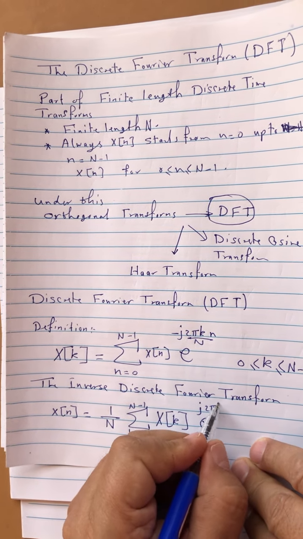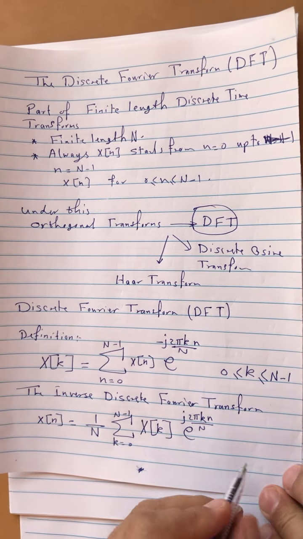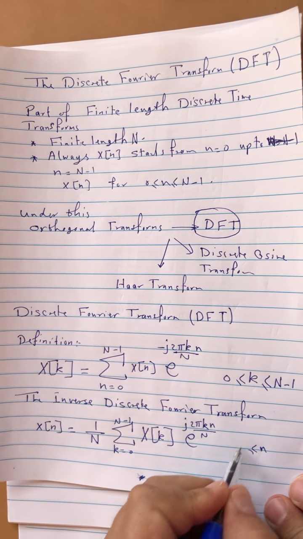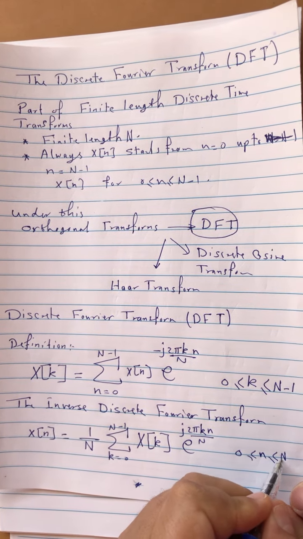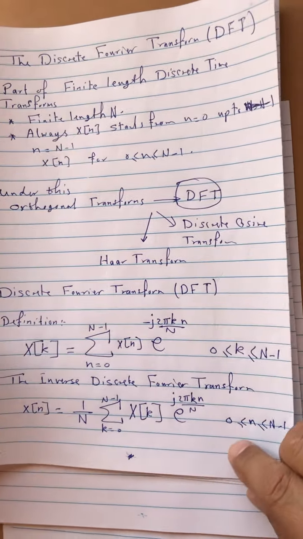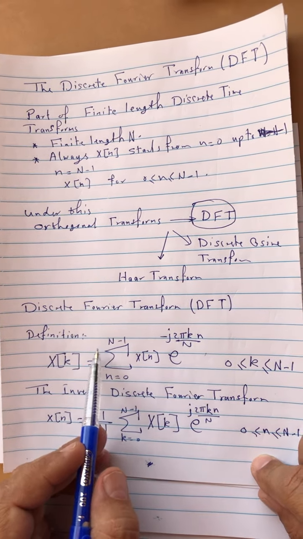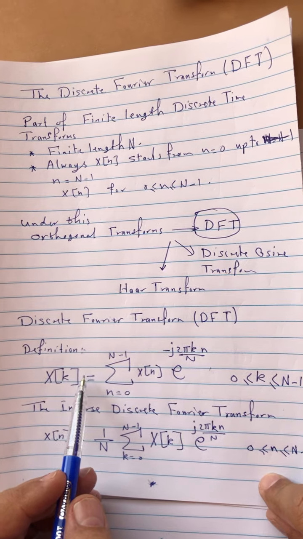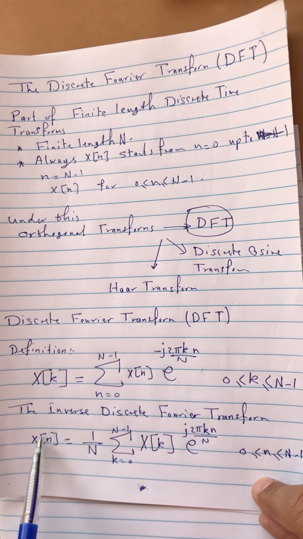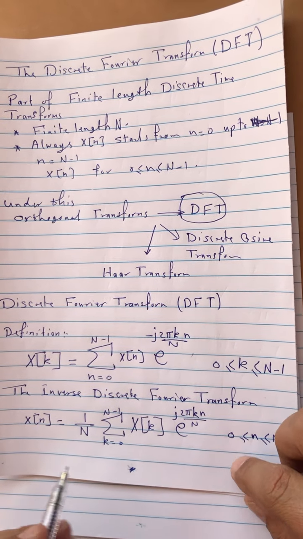This is for n between 0 and N minus 1. So the first equation is the definition of the Fourier transform in the forward direction, and this one is the inverse discrete Fourier transform in the reverse direction.